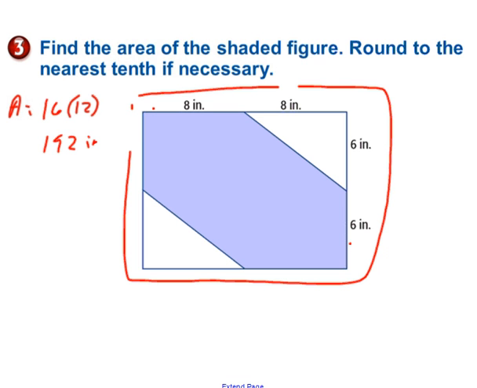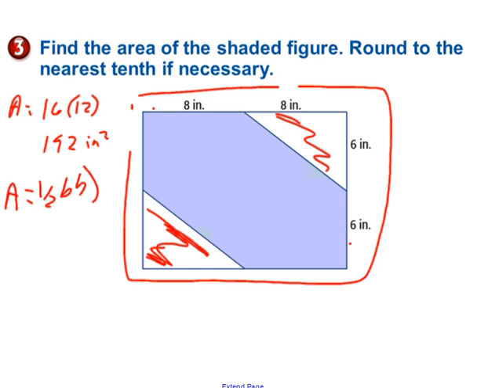square inches. But that would be for the whole thing. I want to subtract this portion and subtract this portion. If I look at that, I can see that the area of the white triangle is, of course, 1/2 base times height. But I've got two of them, so I'm going to take it times 2. So 1/2 and this 2 cancel out.